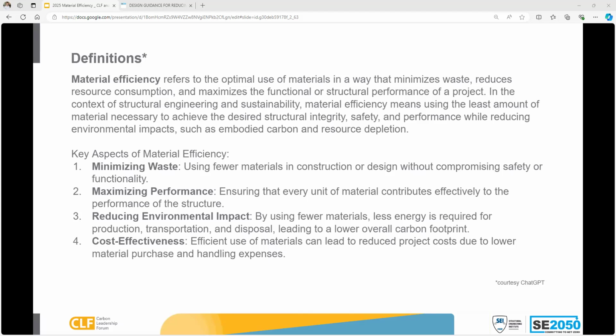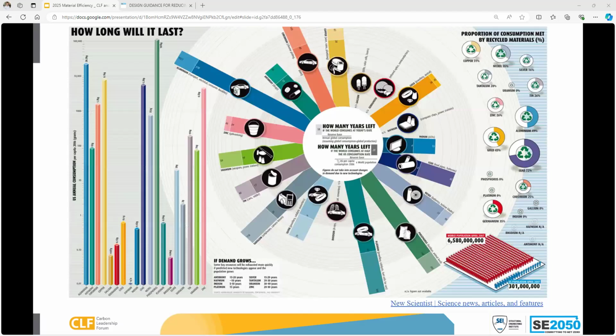But next picture. I think when we think about lower carbon materials, that's really focused on the materials themselves and how they're made. But when we talk about material efficiency, we're also addressing the resource use and recognizing that there is a finite amount of materials. Some of the materials already used in construction are already coming under stress.